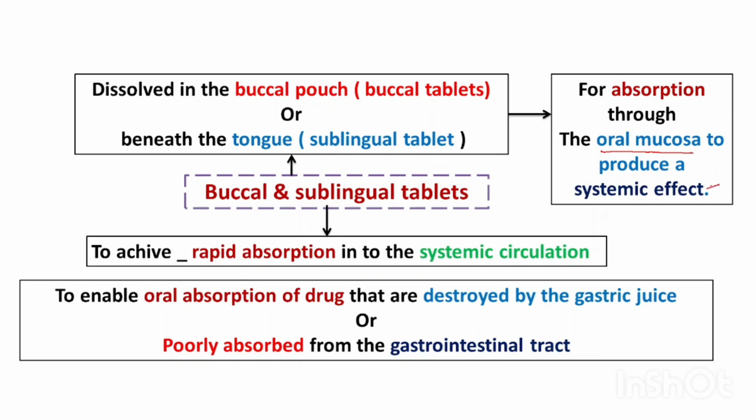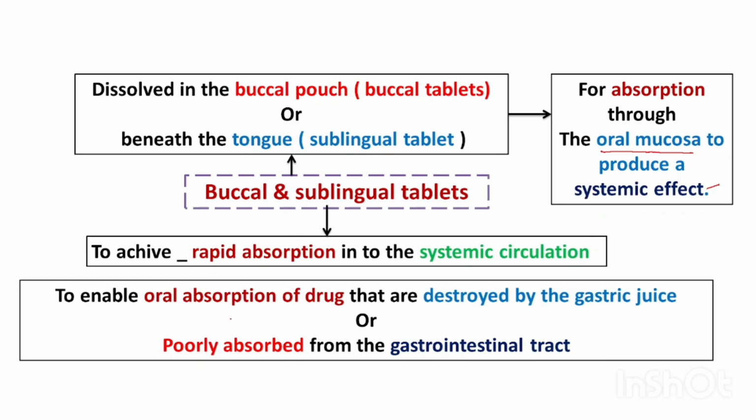It will show the systemic effect, but the drug is absorbed through the oral mucosa to achieve rapid absorption into the systemic circulation. In case of a heart attack, when the coronary artery needs to be relaxed, at that time we can use the sublingual tablet which will relax your heart muscle and you will be safe from the heart attack, right?